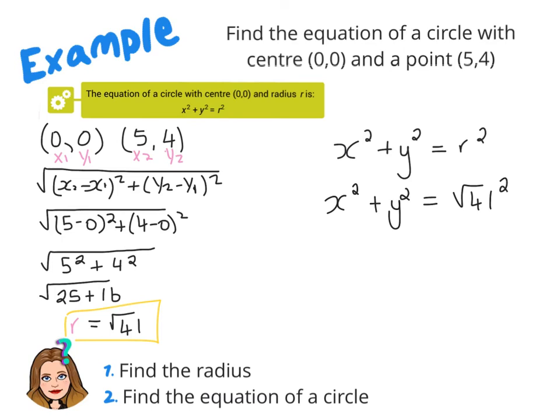Now, when you square a root, you actually end up cancelling the square. So we're left with x squared plus y squared is actually 41. And that becomes your equation of the circle.